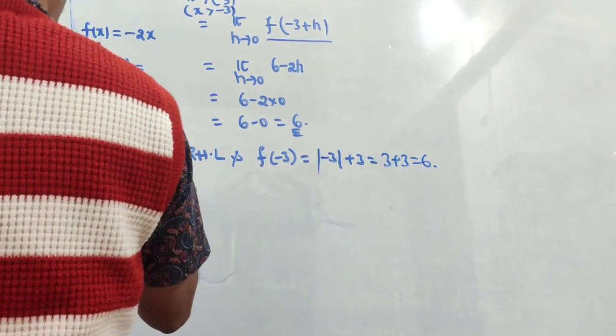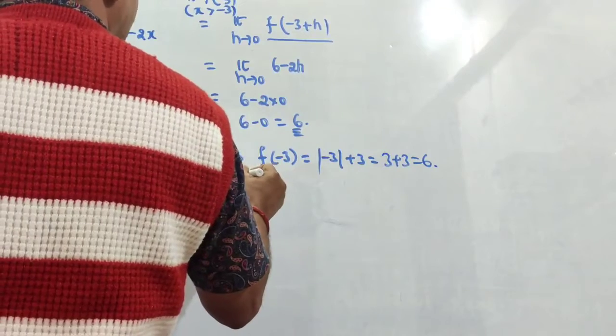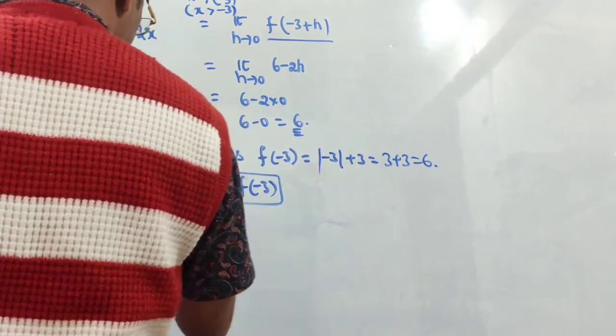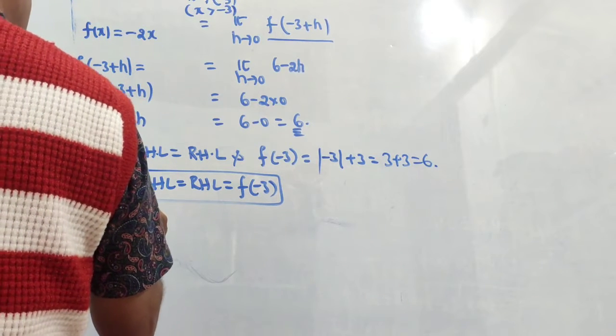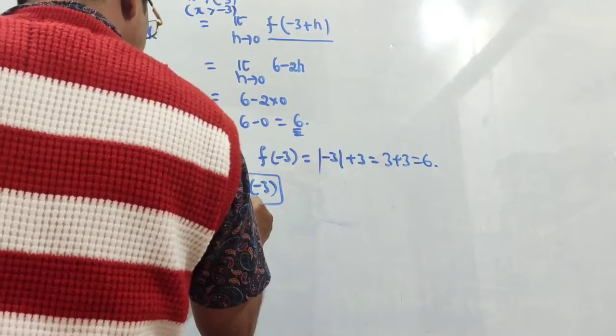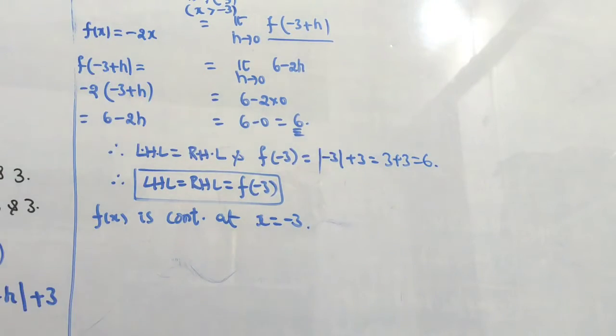So therefore the left hand limit equals the right hand limit, and it is also equal to f of minus 3. So therefore f of x is continuous at x equal to minus 3.